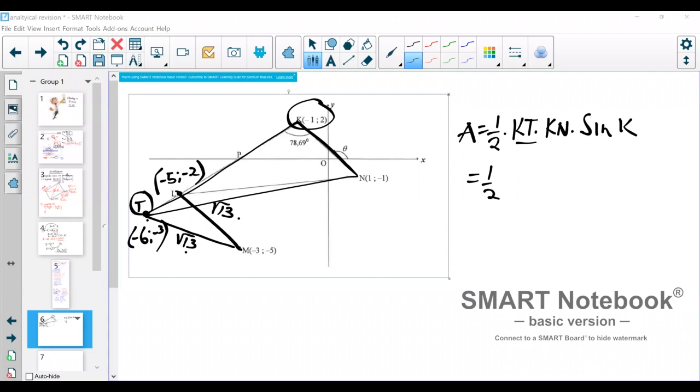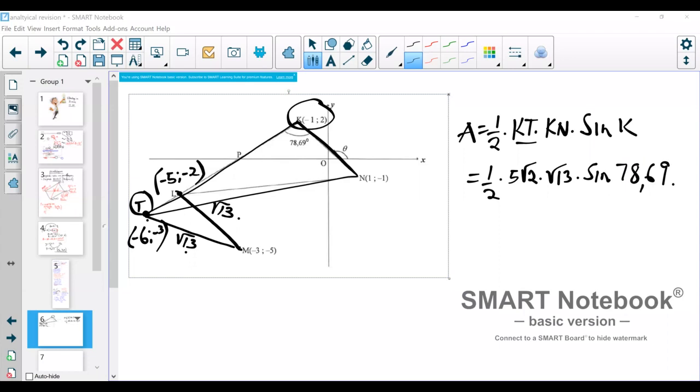So I have a square root of what? -1 plus 6. I'm sure you know what I'm doing there. Squared plus, what is my y value? We need a bracket. 2 minus -3, which is 2 plus 3. All squared. 5 root 2. What is my KN? Root 13. Sine what? I know many of you will prefer this because it's a lot more straightforward.